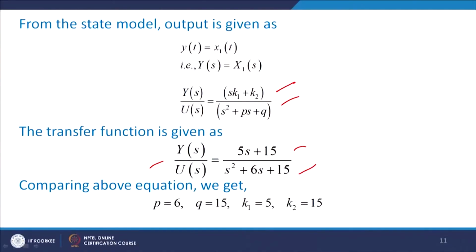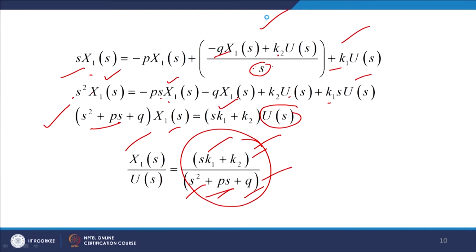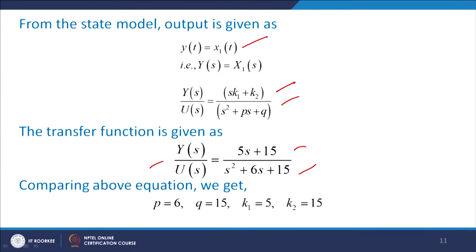So here we have written y(s) by u(s), and here y(t) equals x1(t), because you will find that y equals x1 plus x2. That is why we have written y of s equal to x1 of s, and this is y(s) by u(s). Now we compare.